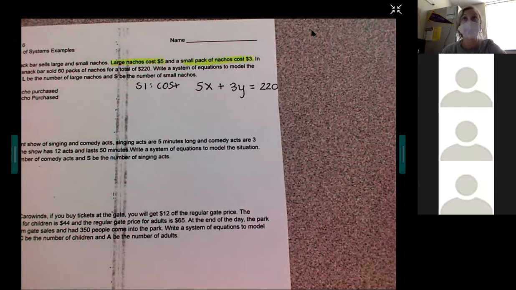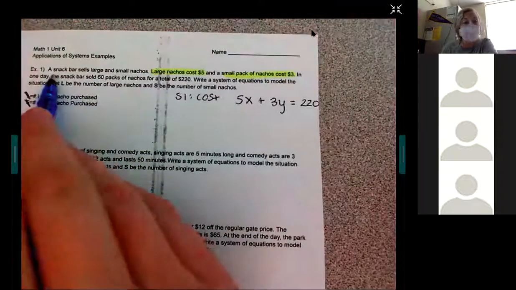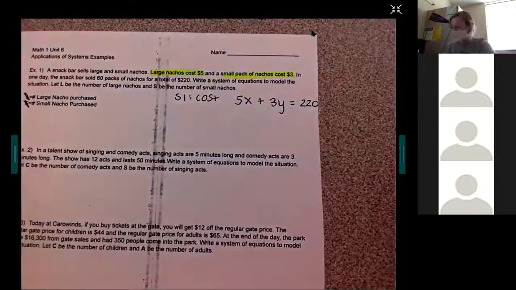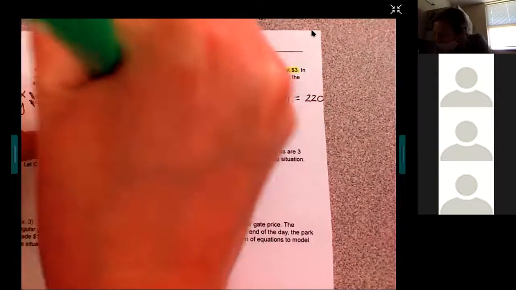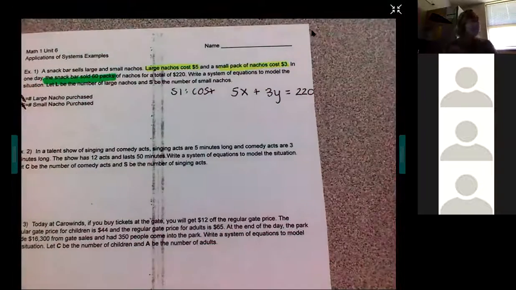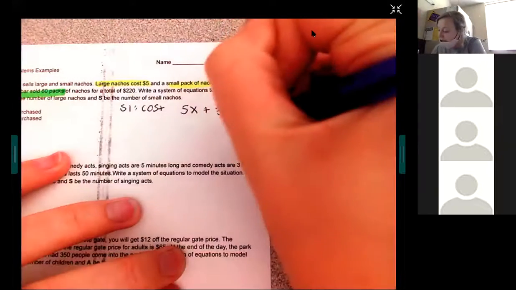We're good? Okay. So the second sentence, if you read it, it says in one day, they sold how many packs? 60 packs. Now listen to me, everybody listen. 60 is the total amount of packs they sold. So my second equation should equal 60.